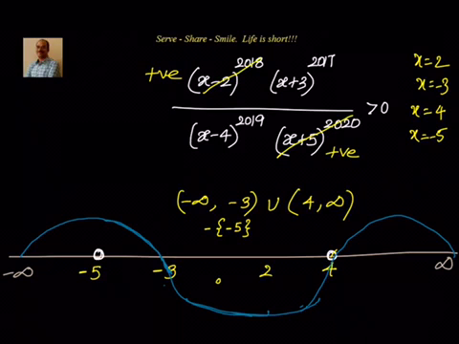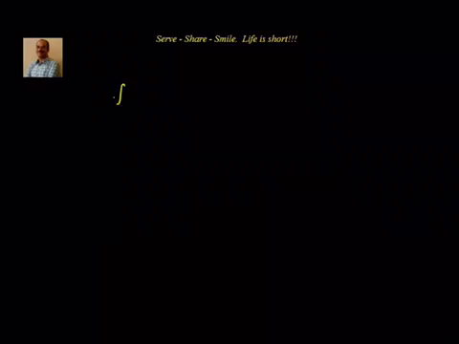Now once we understand this, are we ready to generalize this and write it down? Let's go ahead and do that. Now I can say that f of x equals, let us say, x minus a1 whole to the power of n1, x minus a2 whole to the power of n2, like that.